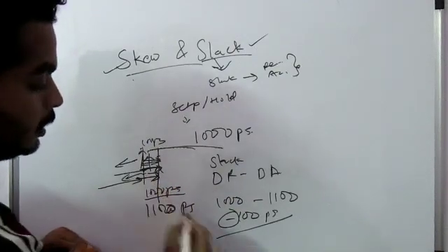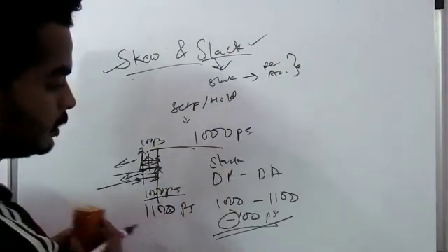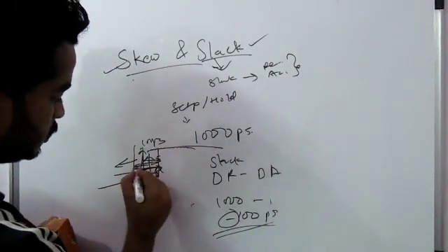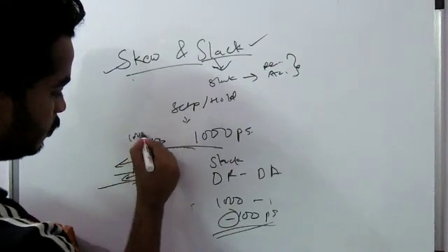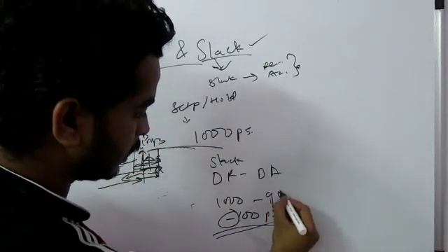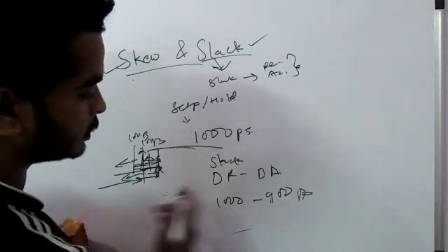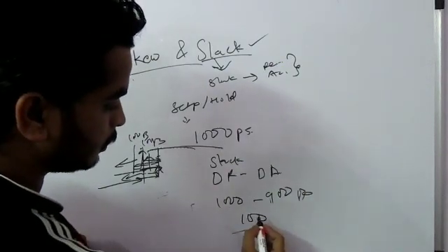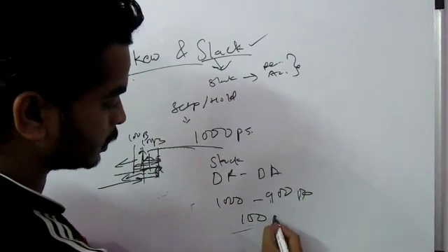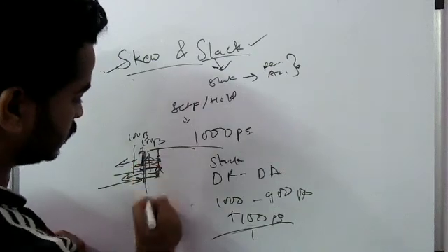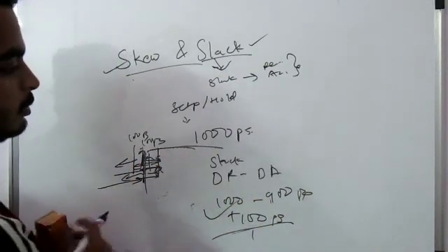It should be before. So this slack is minus 100 picoseconds. If the data arrived before the setup time by 100 picoseconds, that is at 900 picoseconds, the slack would be 100 picoseconds, and it would be positive because the data arrived before the setup time. So here the setup condition has been met.